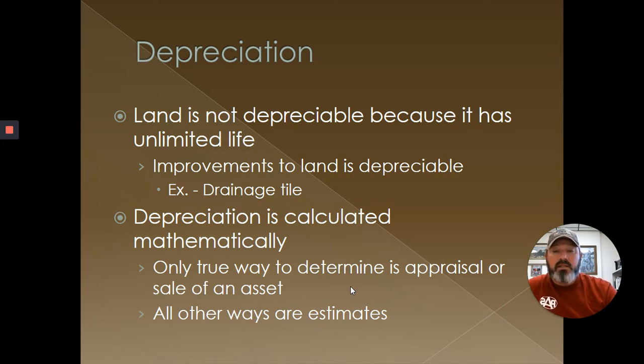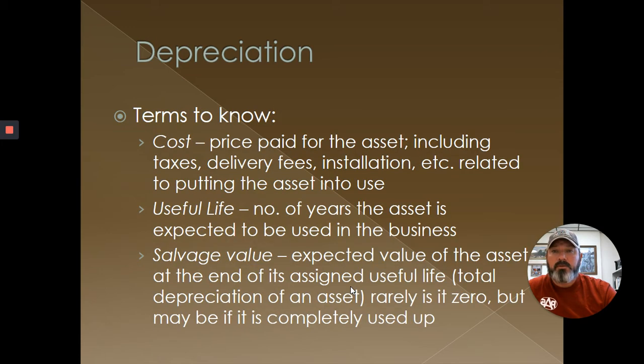So we can calculate this mathematically, and the only true way to determine it is appraisal or sale of that asset when we calculate these things out. But we're going to do some estimations just so you understand how depreciation works. Terms to know here.